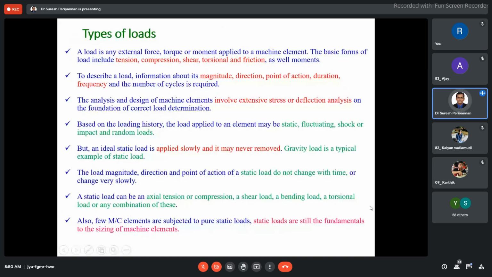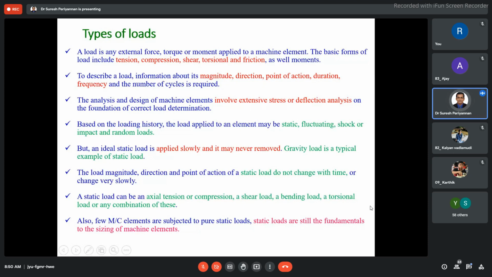Now we go to the types of loads. You might have studied this, but anyway, this is the content of our second chapter. We are going to discuss it briefly, and it is good to recollect the information, as it will help you solve the problems in the upcoming discussions. Now, what are the types of loads?